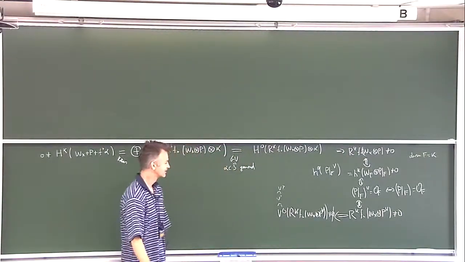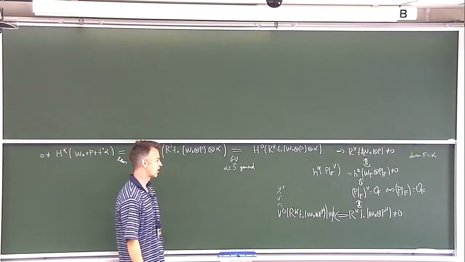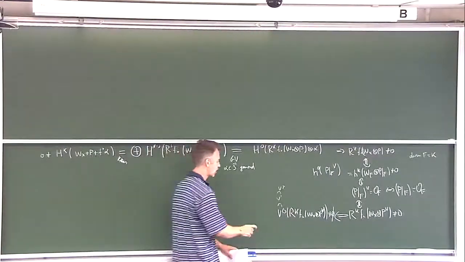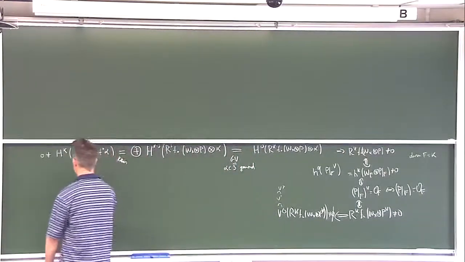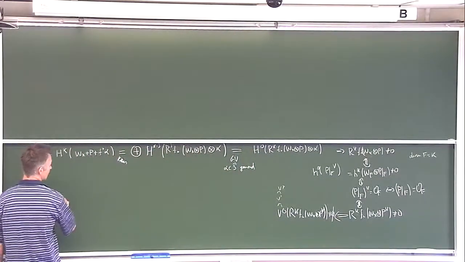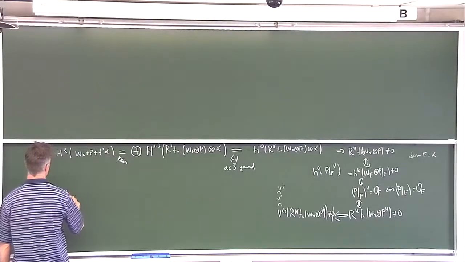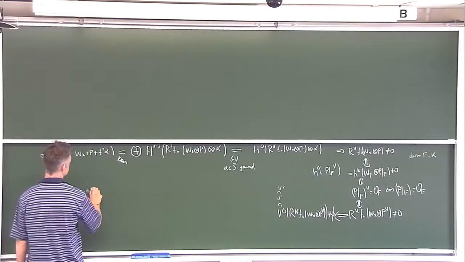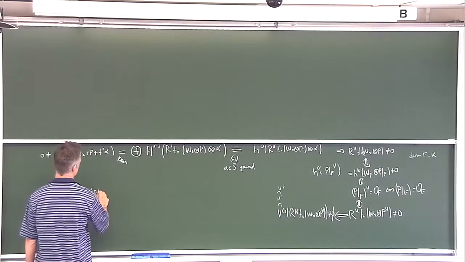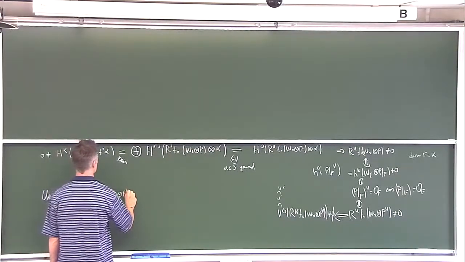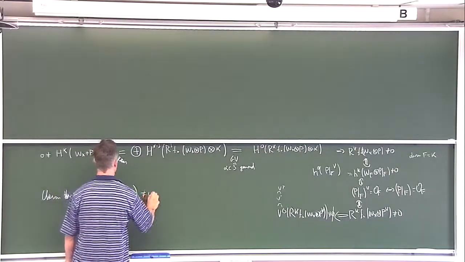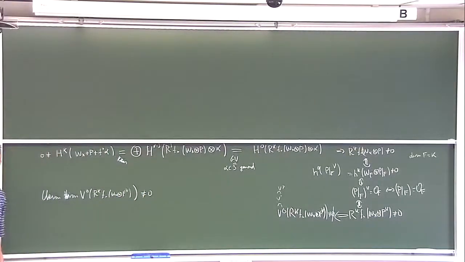So what I want to show here, the claim, is that the dimension of this V0 of R^k F lower star of omega_X tensor P dual is non-zero. So that's the thing I forgot to do last time.